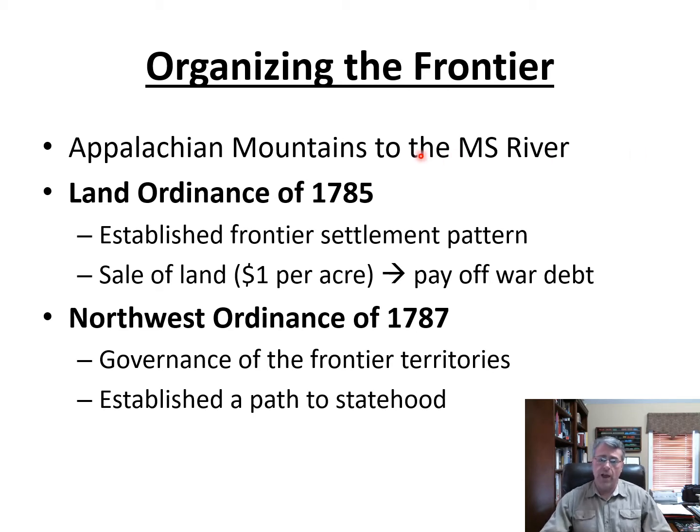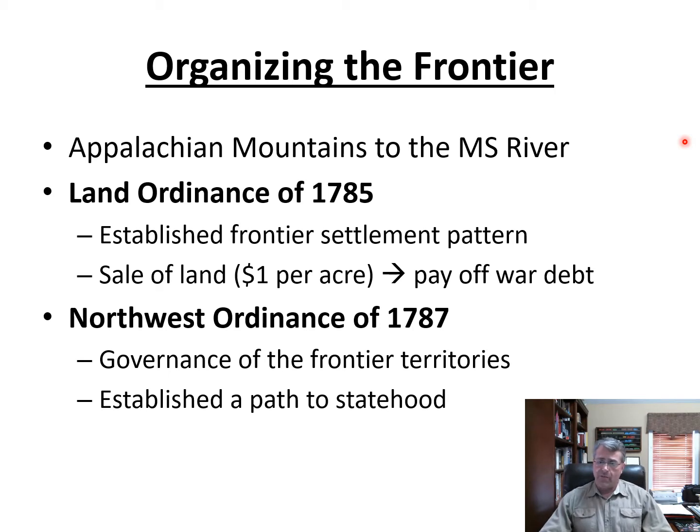In fact, these two land ordinances that we're getting ready to talk about here in a minute are pretty much the only achievements of the federal government under the Articles of Confederation. They did very little else. So to this task of organizing the frontier, this is basically our only real achievement of this federal government under the Articles.